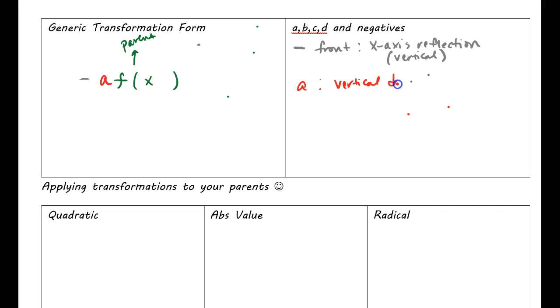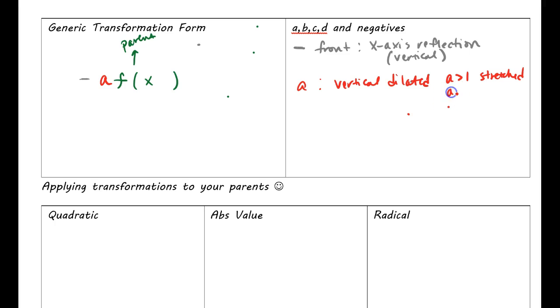What this means is when you dilate something, you change its size. So does it become skinny or does it become wide? The way you can tell is if your number a is bigger than 1, so if it's a 2, 3, 4, 5, whatever, you're going to have a stretched out graph, which will make it appear thinner, okay?